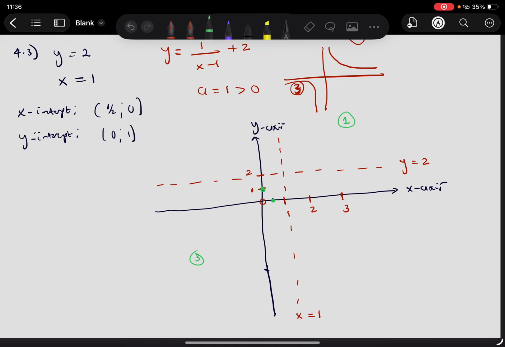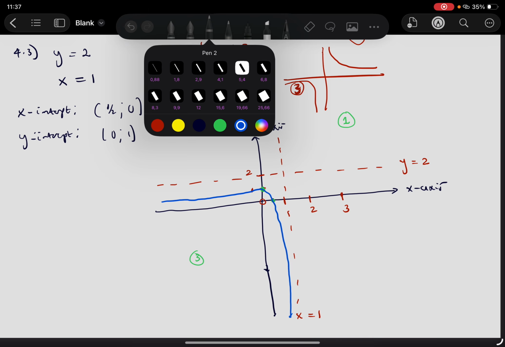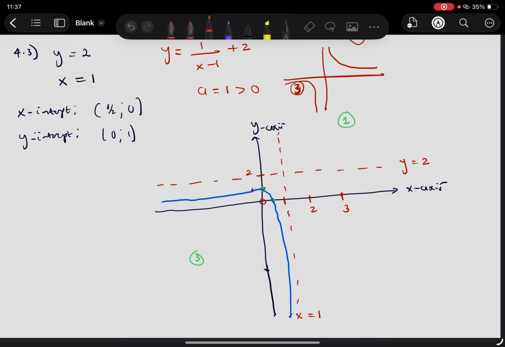We say that an asymptote is a line that the graph approaches but never touches. So it approaches it but never touches, and it goes through those points. This is our first arm, but the hyperbola has two arms. So we draw our second arm. Let me just further extend this asymptote.